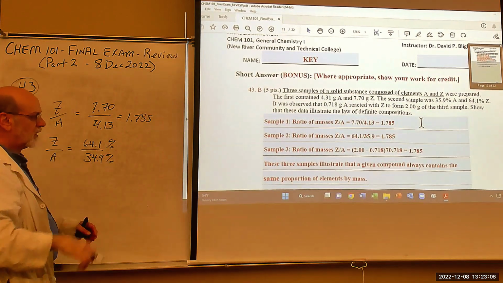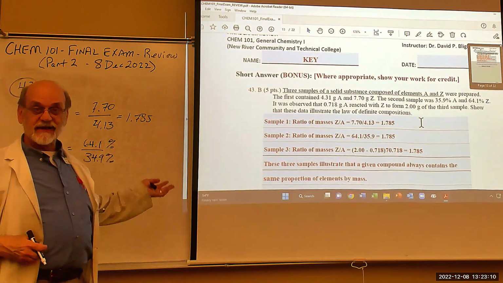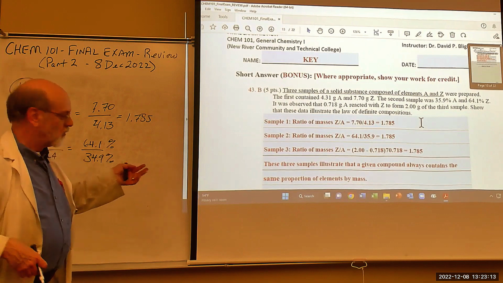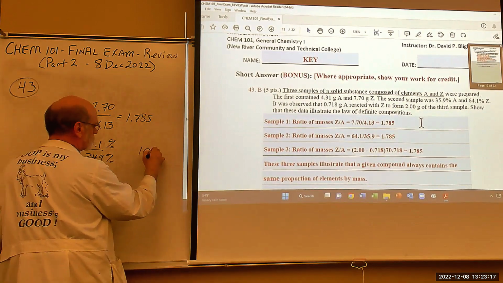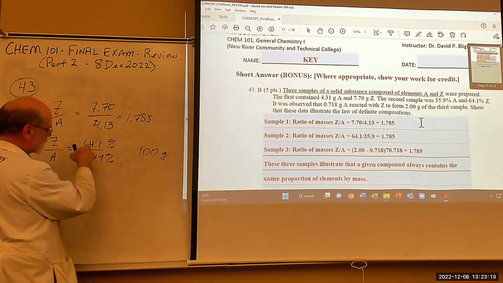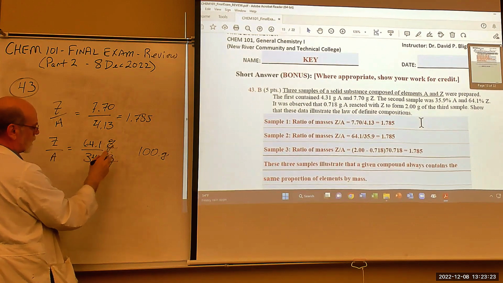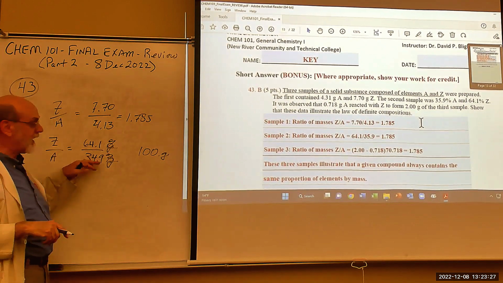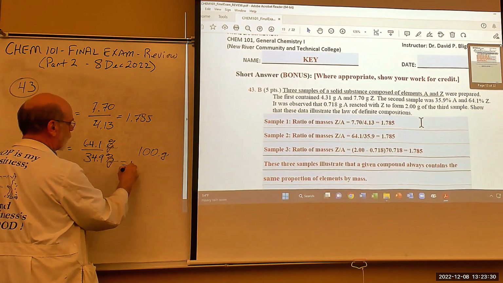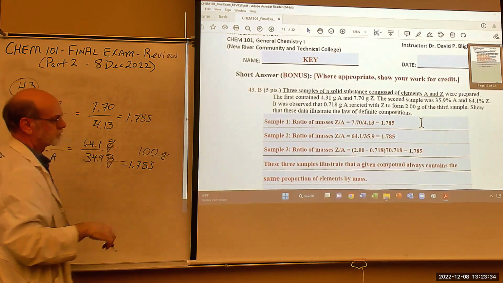Because percent is a dimensionless number. If I've got 100 grams of this sample, then 64.1 grams of it is Z, and 35.9 grams of it is A. So that ratio is valid, and it comes out to be 1.785.